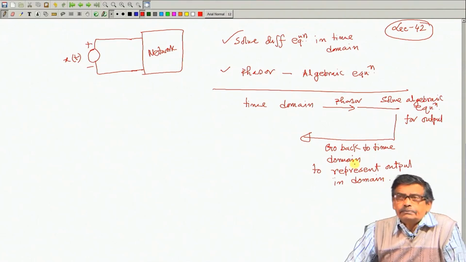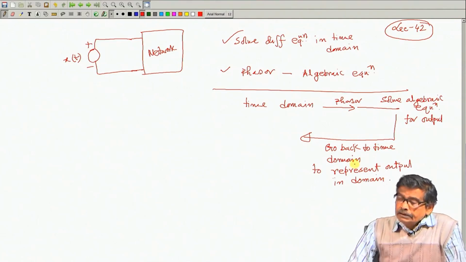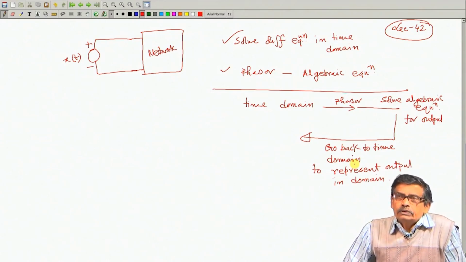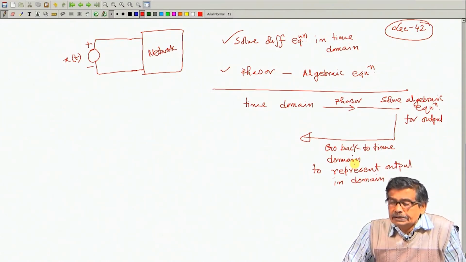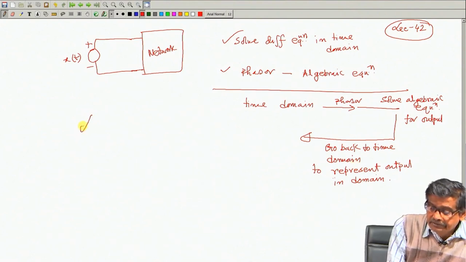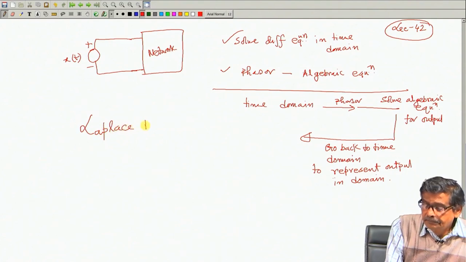That part we have done. Now, there is another method whereby a network can be solved, called the Laplace transform technique.